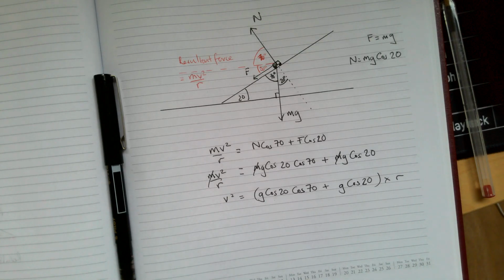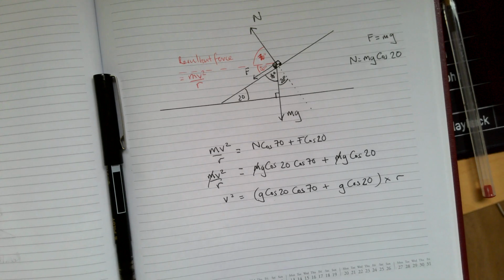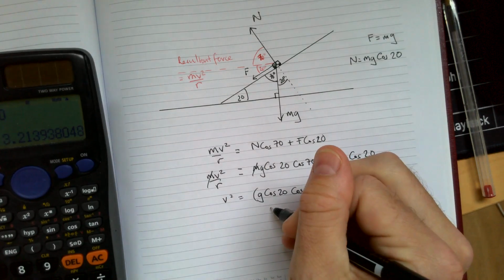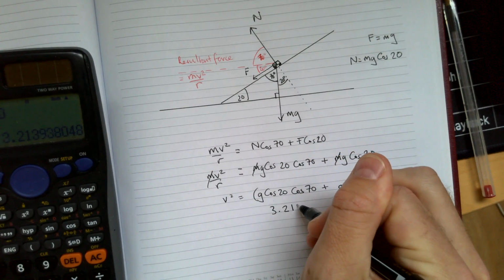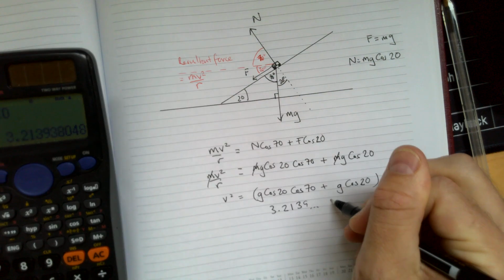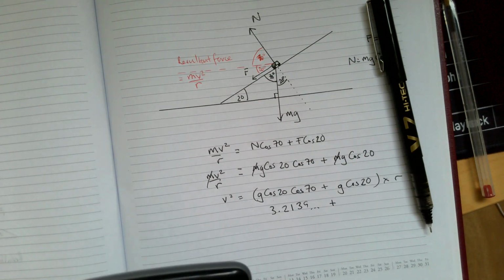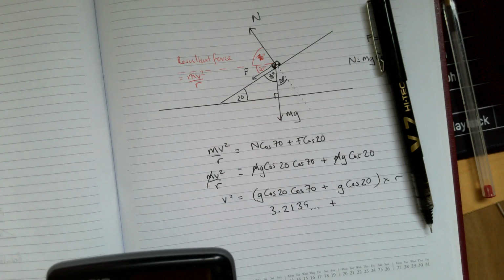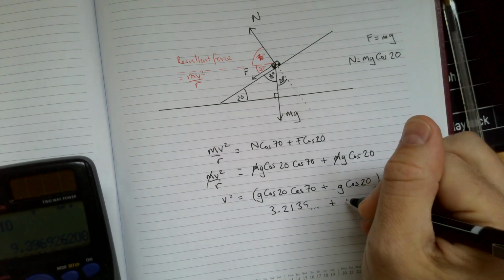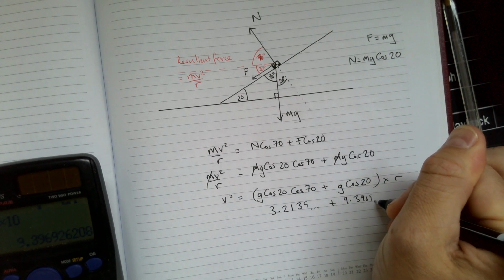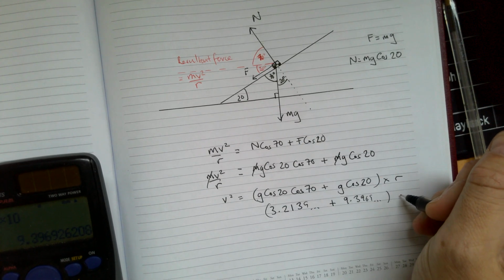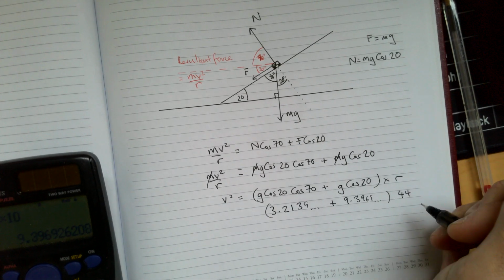So cos 20 times, just checking they're in degrees, times cos 70 times 10. I'm going to go with 10 because I just want to get this done. So 3.2139 and other stuff plus cos 20 times 10 is 9.3969, some other stuff. All multiplied by, it was 44 meters.